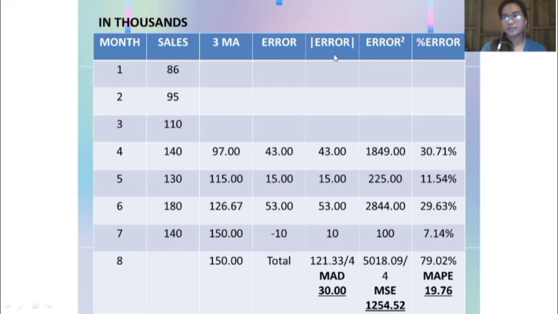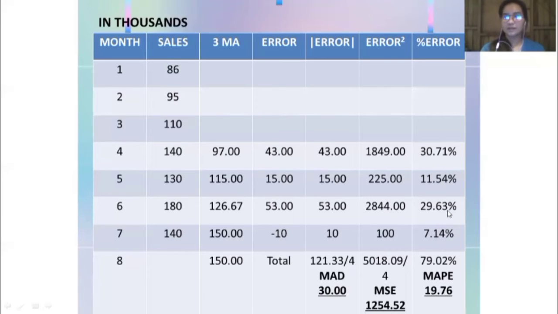To get the percentage error, or the mean absolute percentage error, we only have to divide the error by the sales. So 43 divided by 140 and then times 100 so that we can get 30.71. Again, 15 divided by 130 and then times 100% so that we can get 11.54%, so on and so forth.